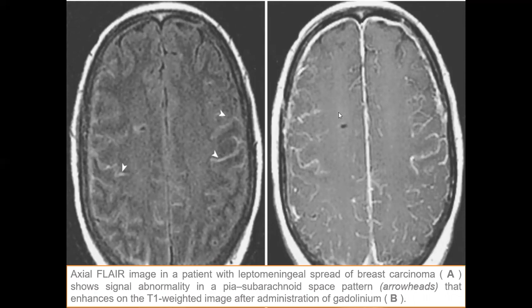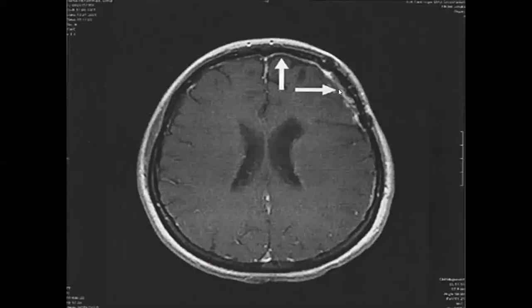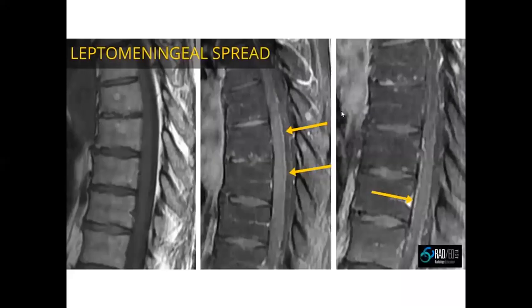This pia-arachnoid enhancement is a subarachnoid space pattern usually seen in carcinomatosis. In another, there is some dural enhancement, intermittent but continuous and thick. This is abnormal, this is normal. So these are malignant deposits.